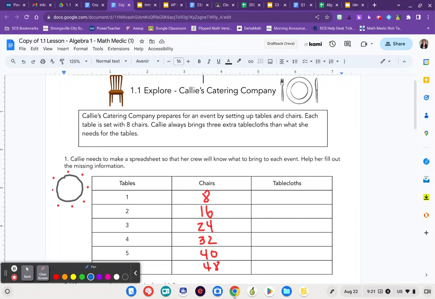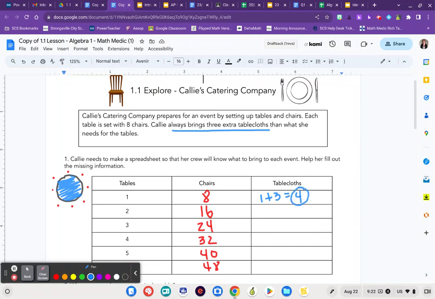Okay, let's think about tablecloths. So a tablecloth is a covering that goes over the entire table. So I need 1 tablecloth per table. But it says Callie always brings 3 extra tablecloths than what she needs for the tables. So if I have 1 table, I need a tablecloth for that, plus 3 extra. And so I have 1 plus the 3 extra gives me 4 tablecloths.